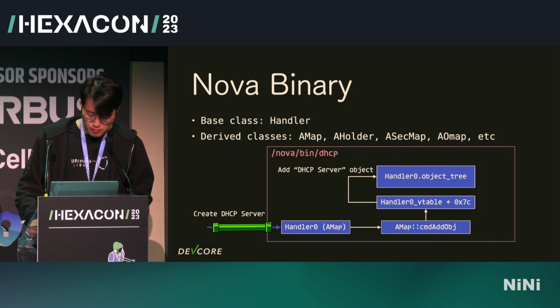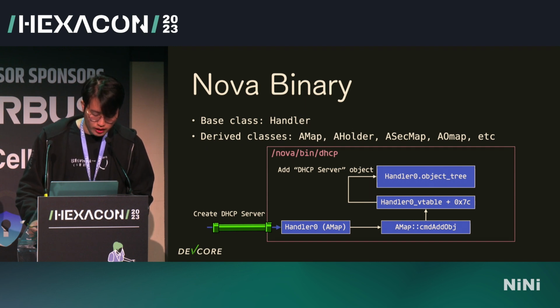For example, while the user is setting up a DHCP server on the web panel, that will send a message to the handle 0 of the DHCP process to create a DHCP server. The handle 0, which is an instance of AMAP, is a derived class of the handle class.